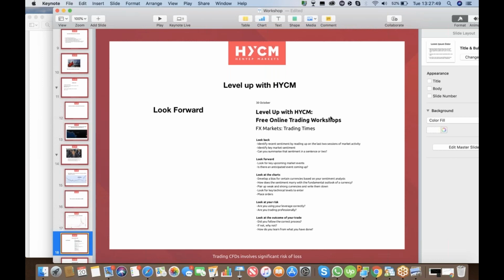Have a go at trying to, and remember, sentiment just means mood. What kind of mood is the market in? Have a go, and tell me if you're struggling with summarizing the sentiment as a whole. Try and focus on just one aspect of it. What jumped out at you?